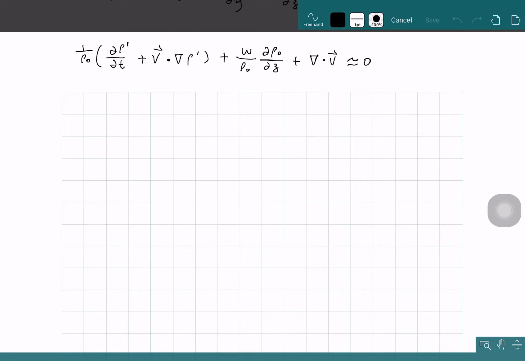The original vertical momentum equation for hydrostatic approximation. The original vertical momentum equation looks like this one.